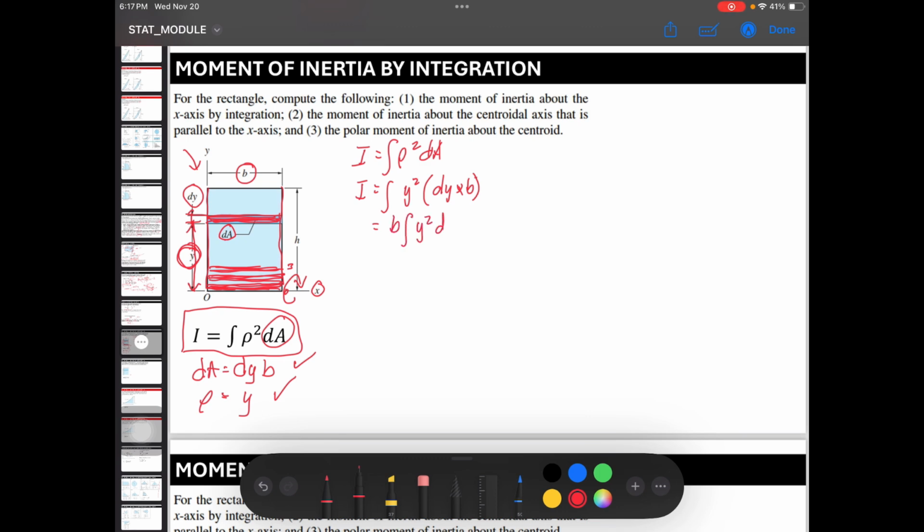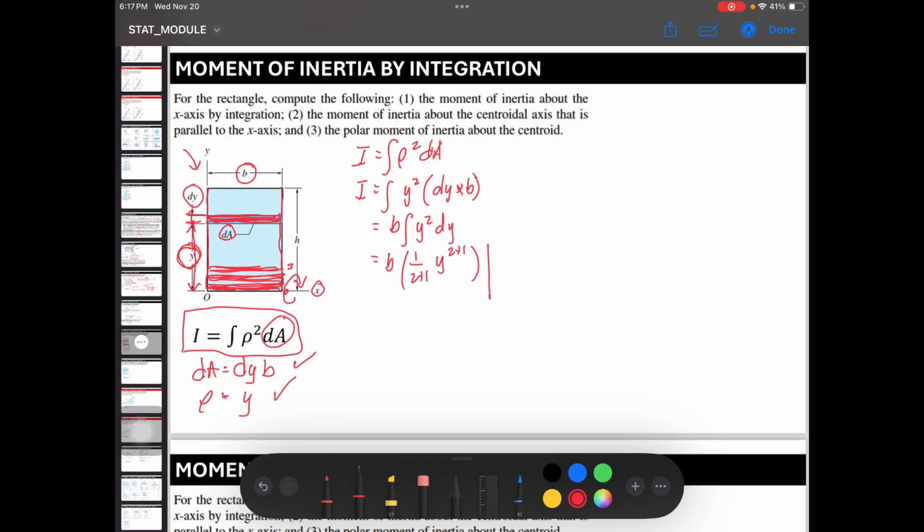Ito na lang ang natira. Paano ini-integrate yan? Y squared, so 1 over 2 plus 1, y to the 2 plus 1. And then, wala tayong limits.